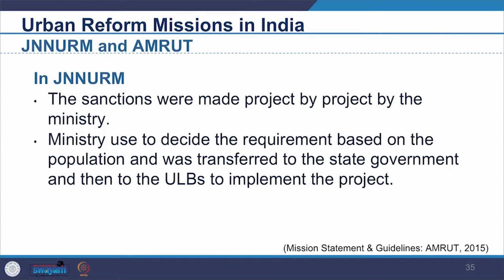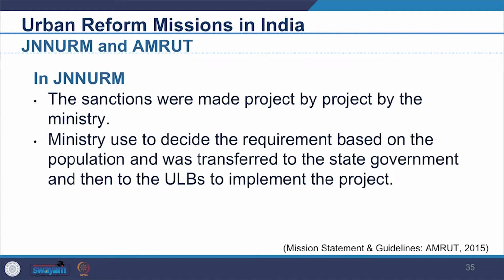Further, we saw in JNNRUM, the sanctions were made project by project by the ministry. Ministry used to decide the requirement based on the population, and the project was transferred to the state government, and then the ULBs were to implement the project.